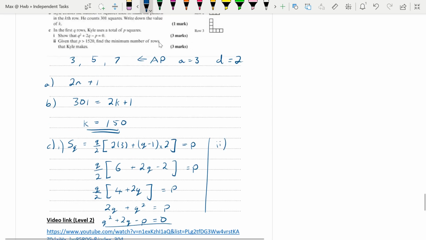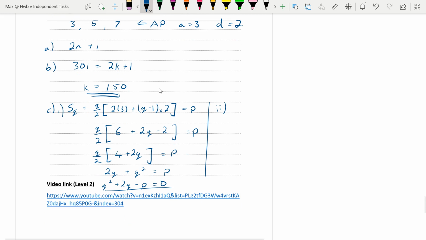For part 2, they tell me, given that p is greater than 1520, find the minimum value in the row. Okay, so if p is greater than 1520, then this must be greater. So I've got q squared plus 2q minus 1,520 should also be bigger than 0.